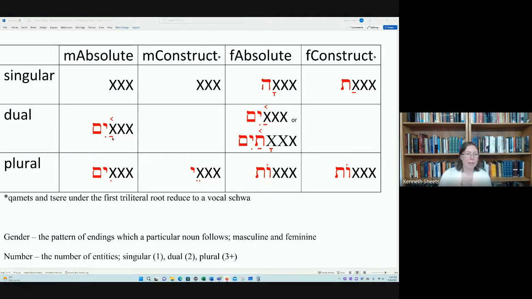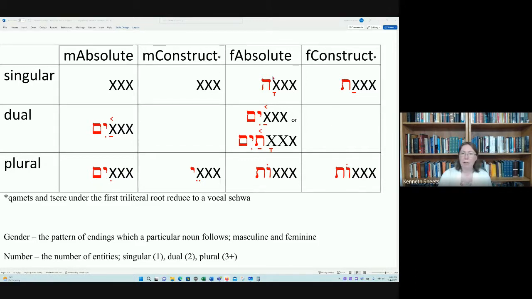You can see the pathach there underneath the last letter, followed by the yod, which is pointed with the hireq, followed by the mem, and the accent is over the pathach there. And then for masculine plural absolute, you have the three letters of the triliteral root followed by the im ending. So masculine singular absolute, no ending. Masculine dual absolute, ayim. Masculine plural absolute, im.